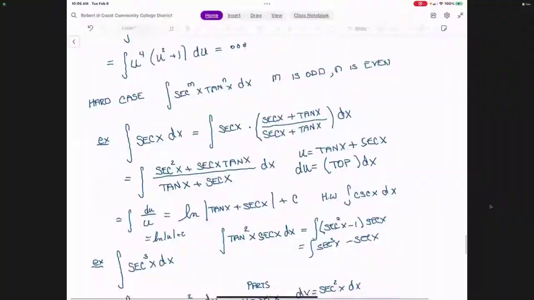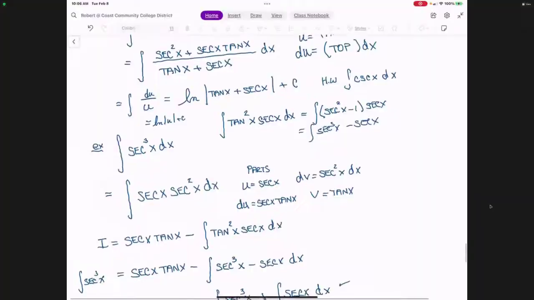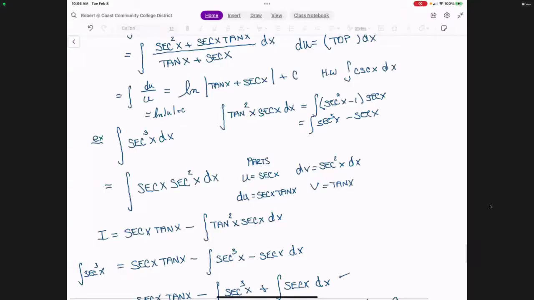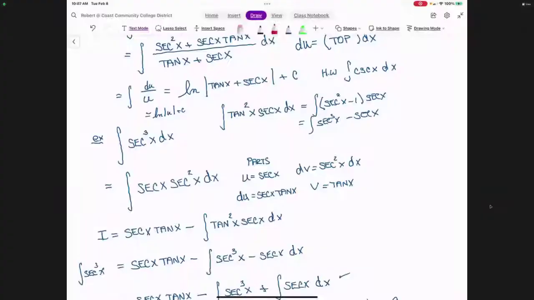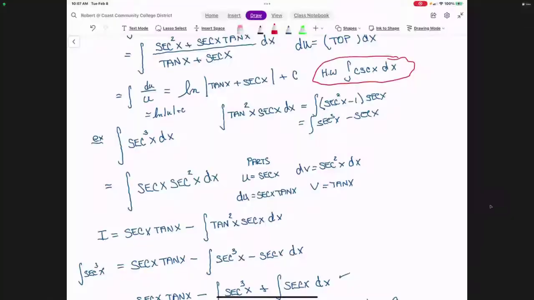So here's how you do the secant integral. And then it was this one I wanted you to try. So if you haven't done it yet, you should give it a shot and see what you come up with.